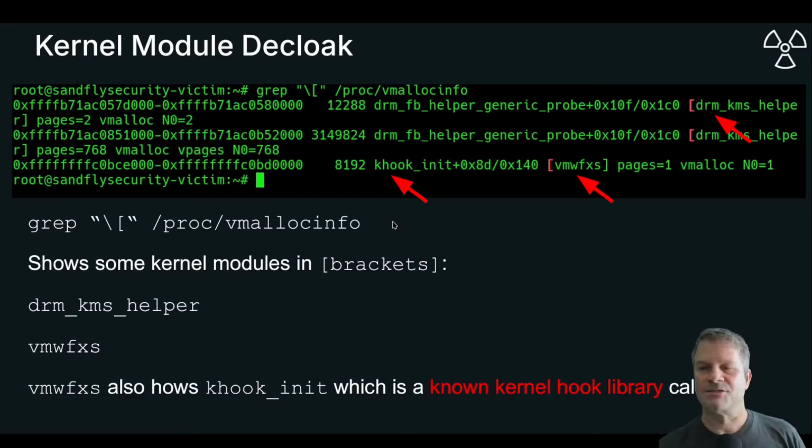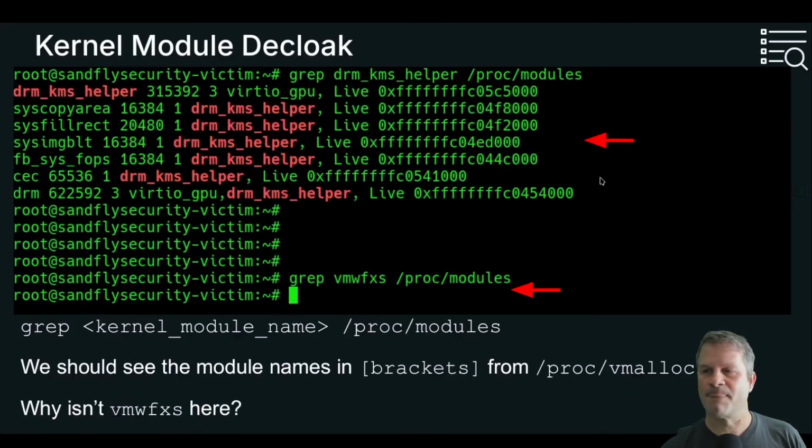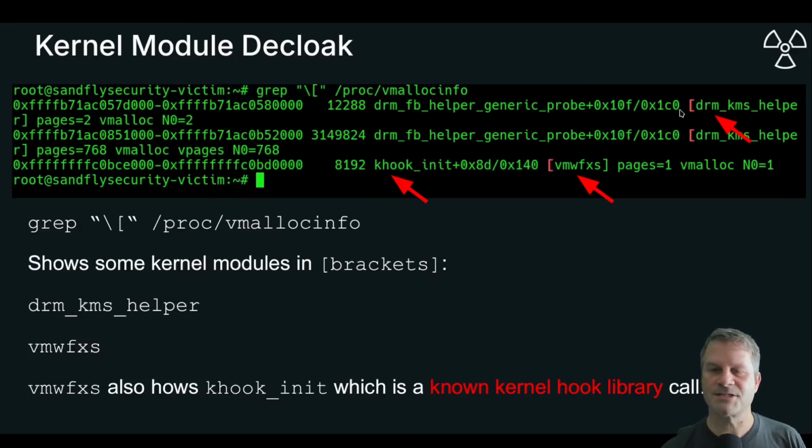What I like to do, and this doesn't always work, but for a lot of kernel modules it does, is search for this bracket. That bracket's going to basically list out kernel modules that are running and present in vmallocinfo. It doesn't show all the kernel modules that are loaded, but in this case, it works pretty well for this type and style of rootkit.